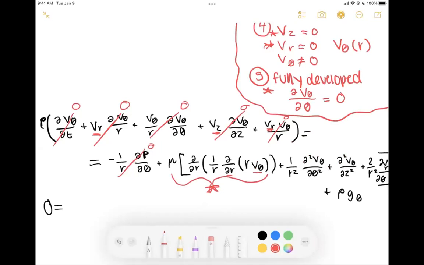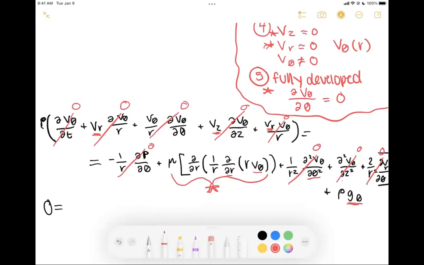And then we have, again, dV theta over d theta. It's going to be 0 because it's fully developed. V theta is not a function of z, so this is going to be 0 as well. And here, VR is equal to 0, so that's 0. And last but not least, this is the gravity term here.